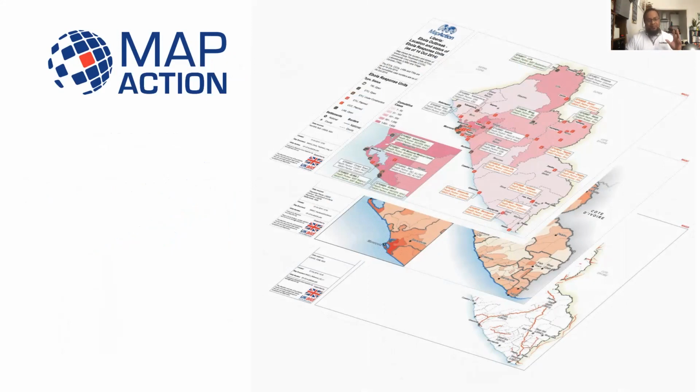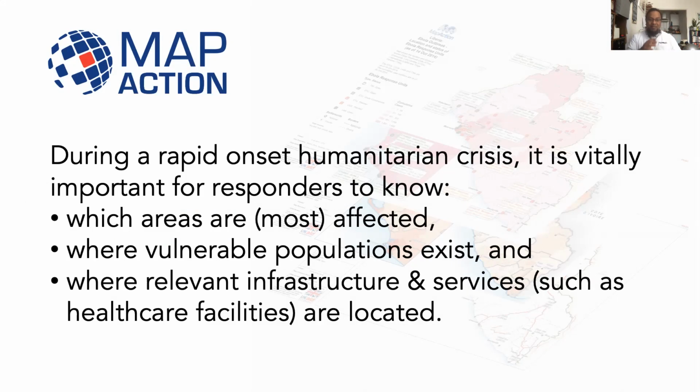More accurately, during a rapid onset humanitarian crisis, such as a flood or a hurricane or earthquake, it's important for aid workers and responders to know what areas are affected or most affected, where vulnerable populations already exist, and where relevant infrastructure and services, such as healthcare facilities, are located, so those people in need can get to those facilities.